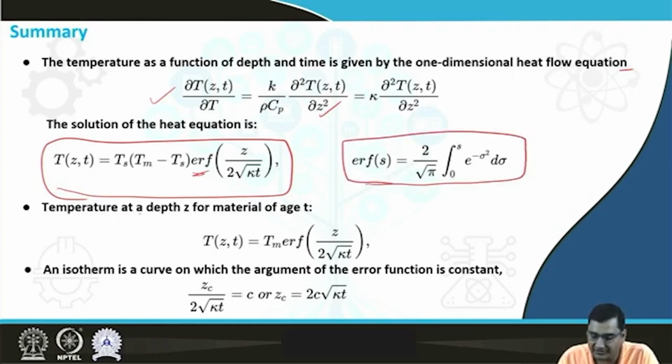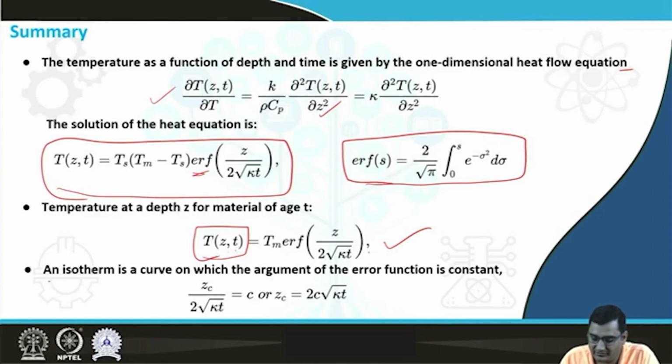The temperature at a depth z for the half space is represented by this expression. If you consider the sea floor temperature Ts equal to 0 degrees centigrade, then it becomes something like this. You can see the temperature at depth z for the half space is proportional to the error function of z by 2 under root kappa t.